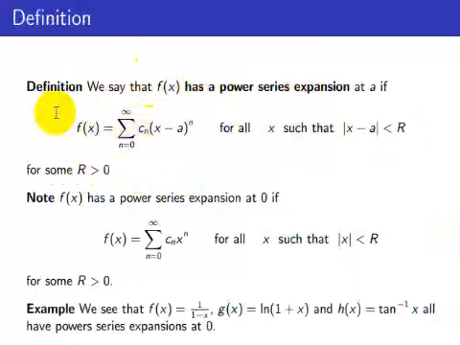This power series converges to f(x) on this interval. Here r is the radius of convergence of this power series, and for each x, this power series converges to this function.